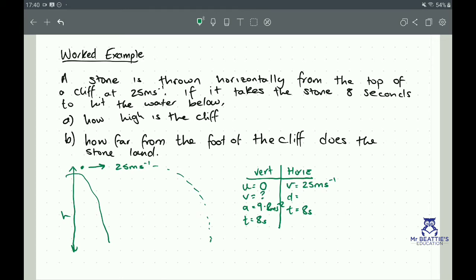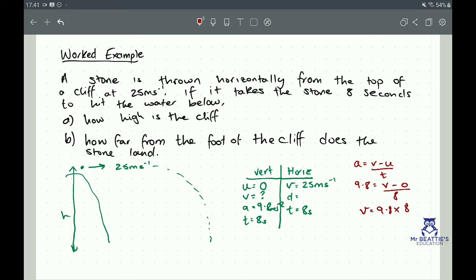So we're going to use our equation for acceleration, which is a equals v minus u over t. We're going to put in our numbers, and so it's going to be 9.8 is equal to v take away 0 divided by 8. So v is going to equal 9.8 times 8, okay?